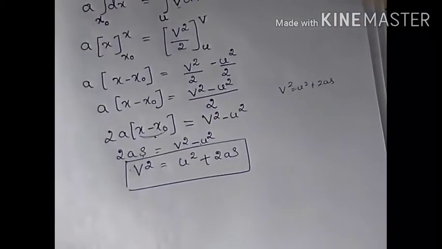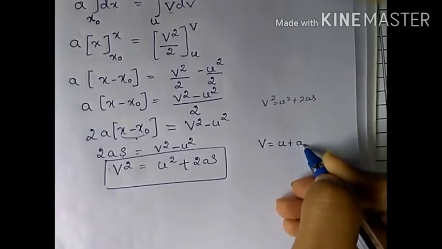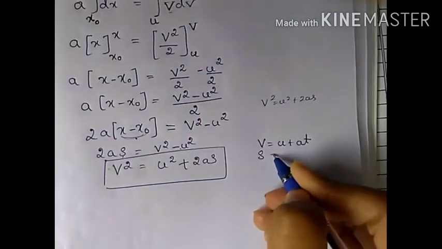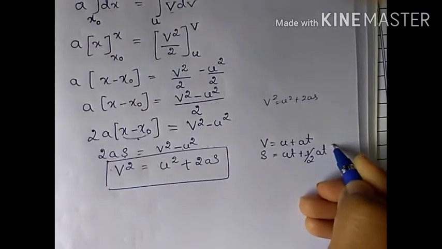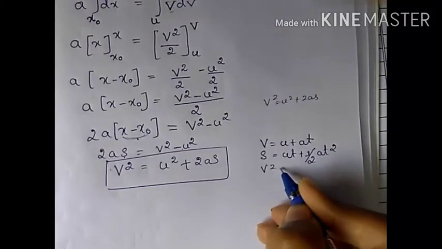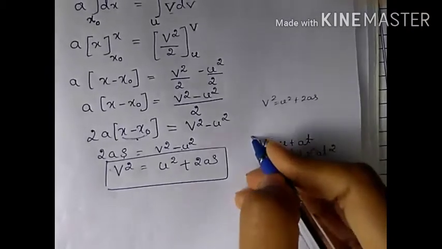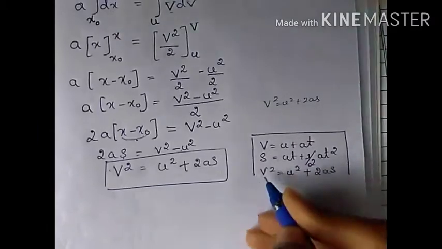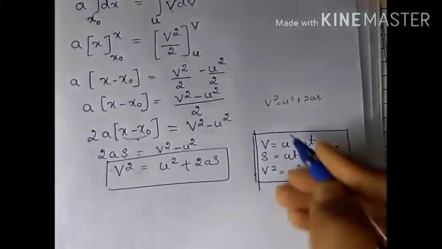So there are three equations: v is equal to u plus at, s is equal to ut plus half at square, and the third is v square is equal to u square plus 2as. These are the three important equations that you have to understand.